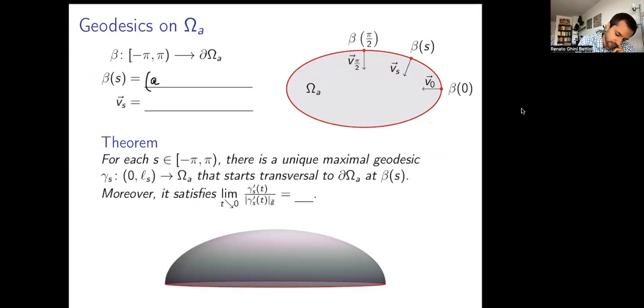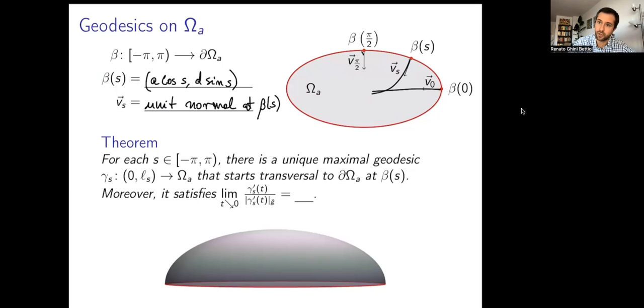If I'm using semi-axes A and D, beta of S would be A cosine S, D sine S. And let's say nu of S, like in the picture, is the unit normal with respect to the metric G check, the inward-pointing unit normal at beta of S. I parameterize in such a way that this is the 0 point, so that would be the trivial solution that we're going to have in just a moment. So let's argue that I can actually shoot geodesics inside, that I can start a geodesic with that initial velocity. So here's a statement.